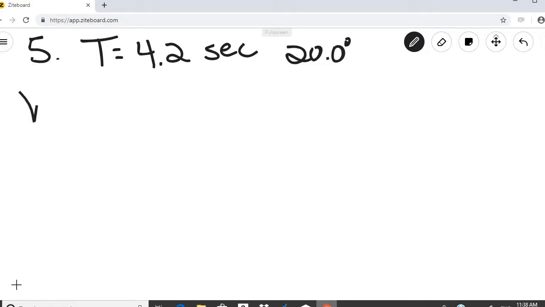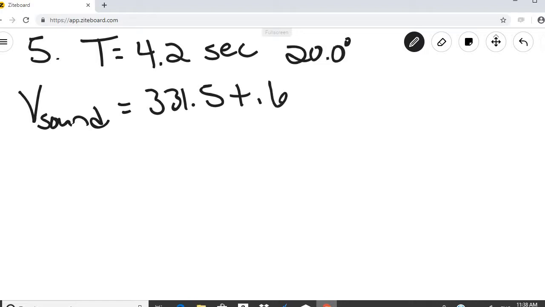So the speed of sound, the velocity of the sound, is equal to 331.5 plus 0.606 times the temperature, which is 20.0 degrees C. So when we do this multiplication, we can have 3 significant figures.